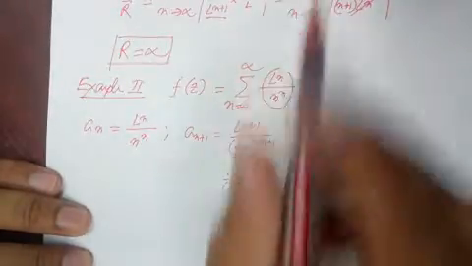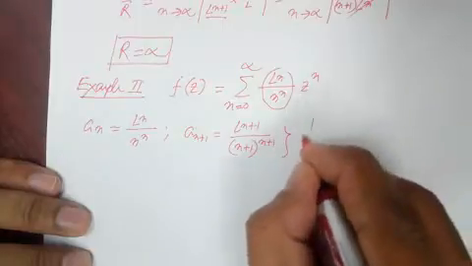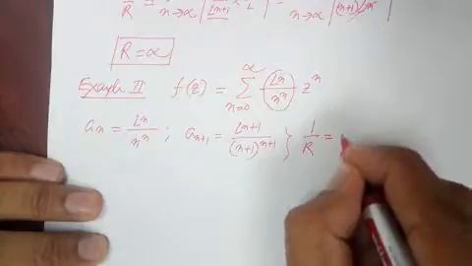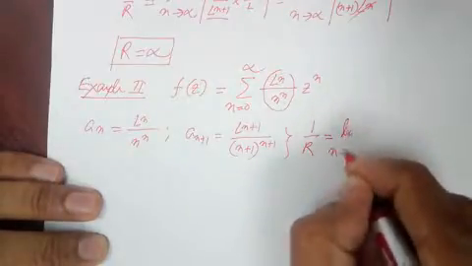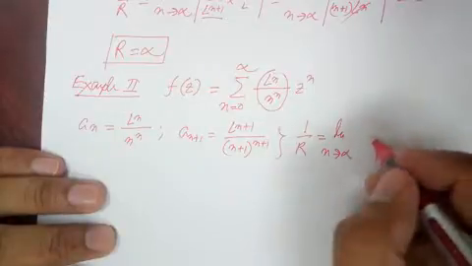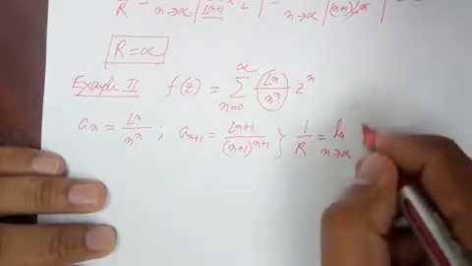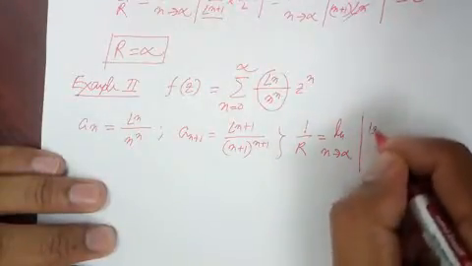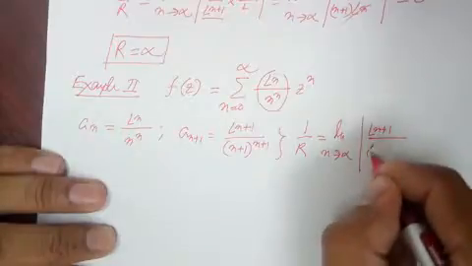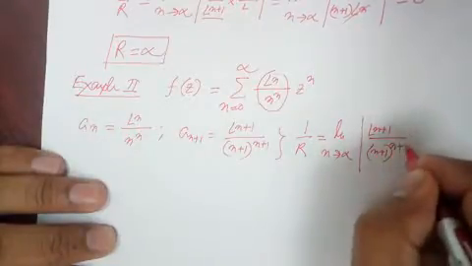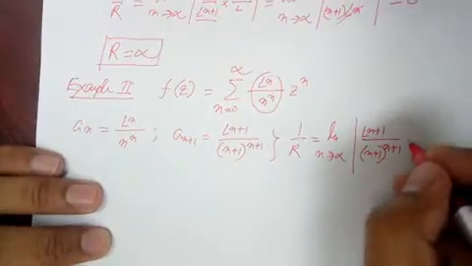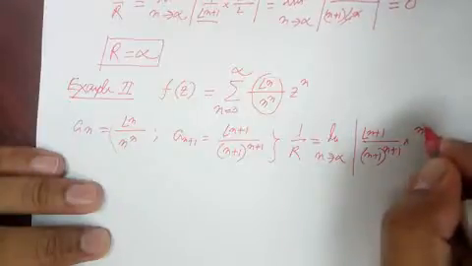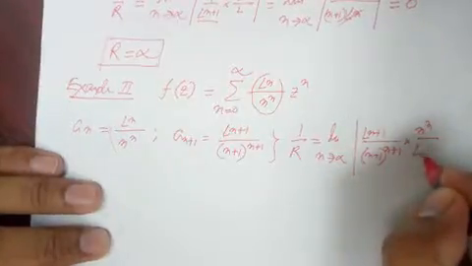Now we use this formula. If we insert, then we find that 1 over R equals the limit as n tends to infinity of factorial (n plus 1) over (n plus 1) to the power (n plus 1), multiplied by the reciprocal, n to the power n over factorial n.